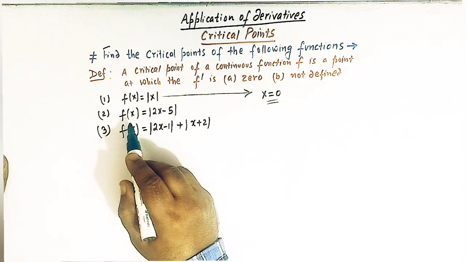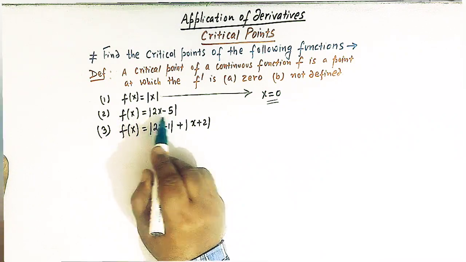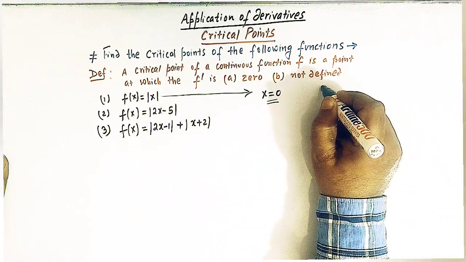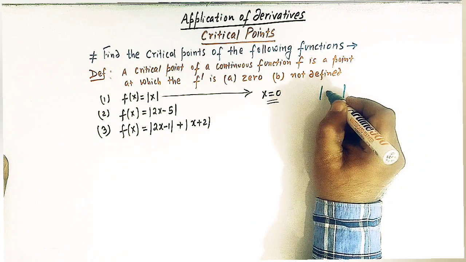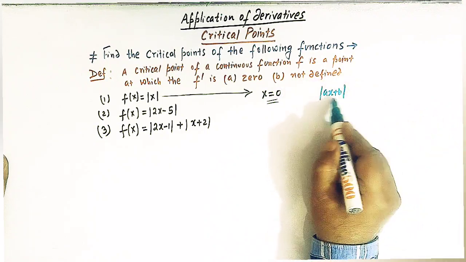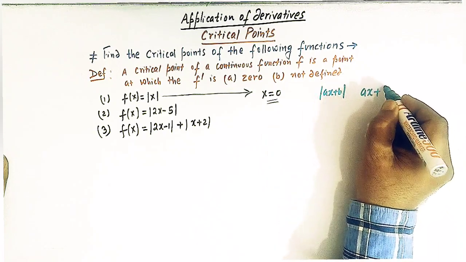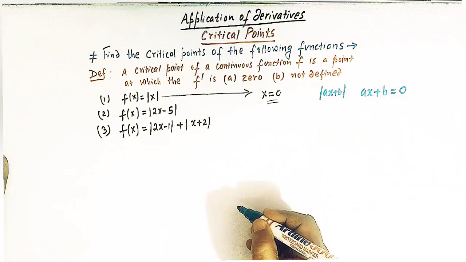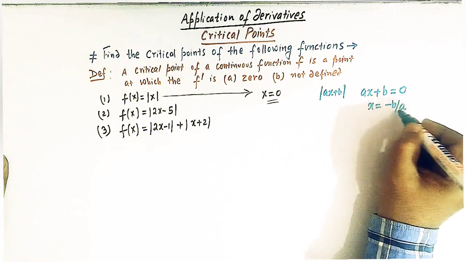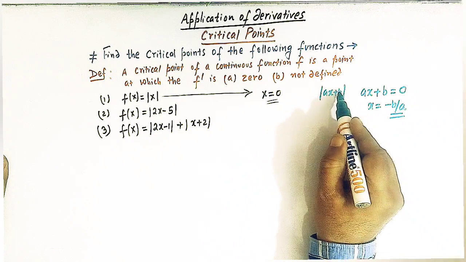So now consider the second problem. So here we have the function f of x is equal to mod of 2x minus 5, right? And we know that if we have a function, say mod of ax plus b, then this function is not differentiable at the point where ax plus b is equal to 0, right? That is at x is equal to minus b over a. This point is the critical point for this function, right?